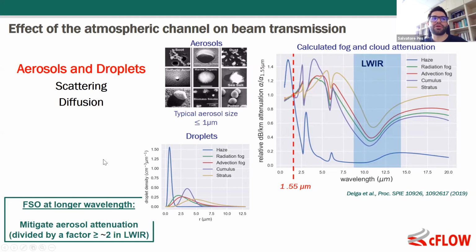So longer wavelengths are less impacted by the presence of fog, for instance, or cloud and rain, as I showed you. So there are multiple effects that sum up, and in the end, the longer wavelengths are less impacted by the atmosphere.